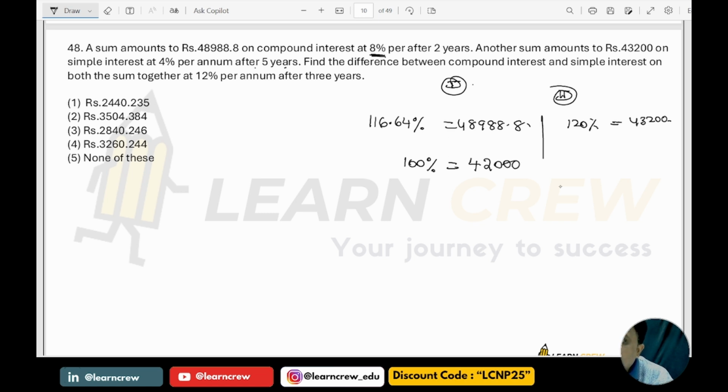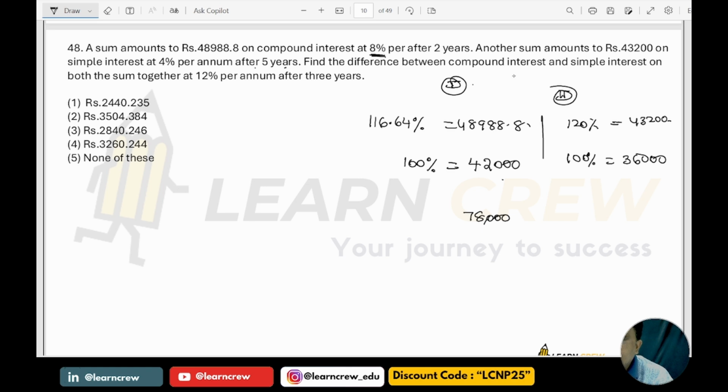So the first sum is 42,000. For the second sum, 100% would be how much? 120 times 36 is 4,320, so 100% is 36,000. The sum of these two, 42,000 plus 36,000, is 78,000.